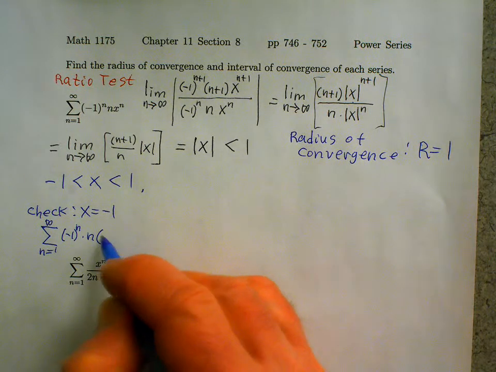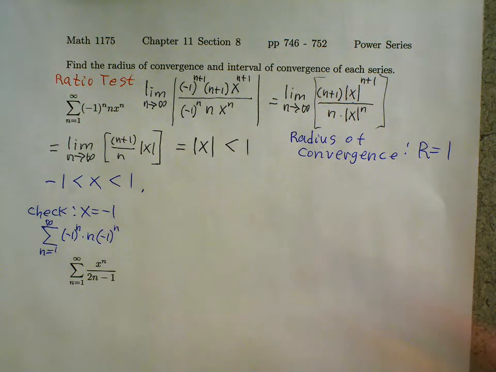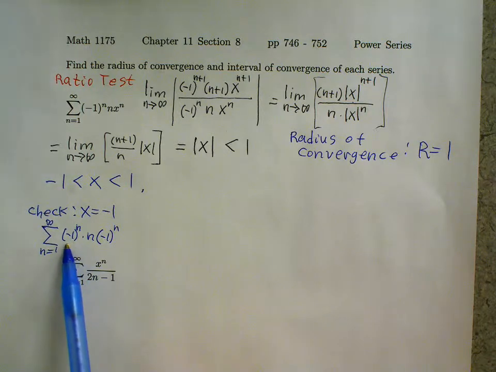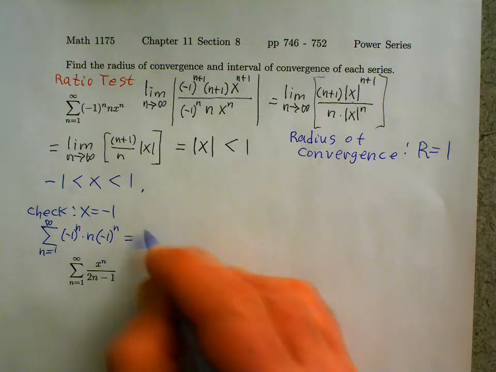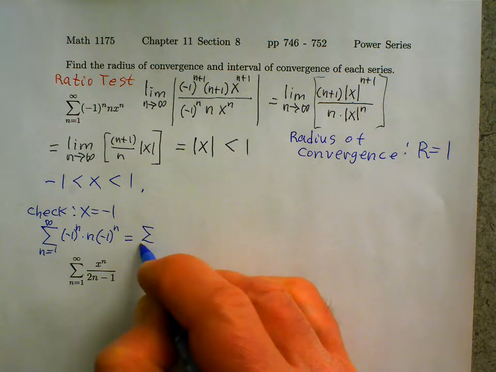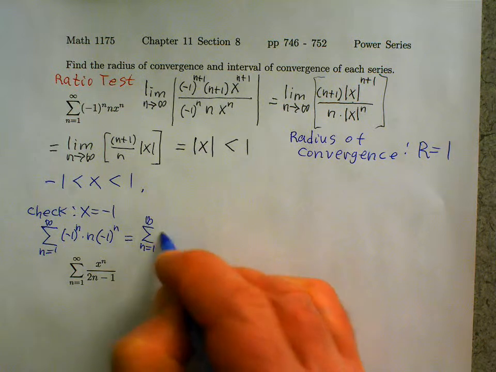So we have another (-1) to the n. So (-1) to the n times (-1) to the n is +1 regardless of the value of n, right? So this is the series as n goes from 1 to infinity of n.